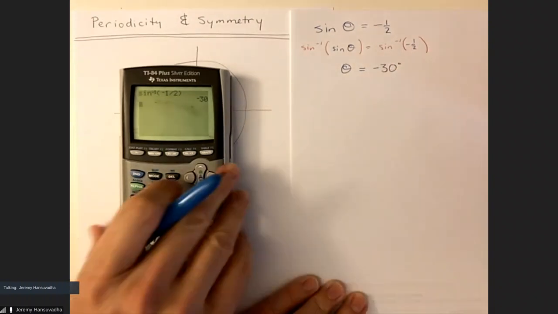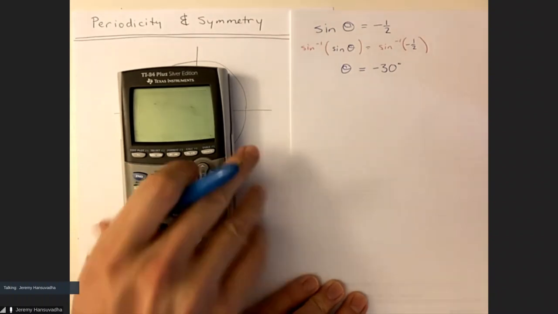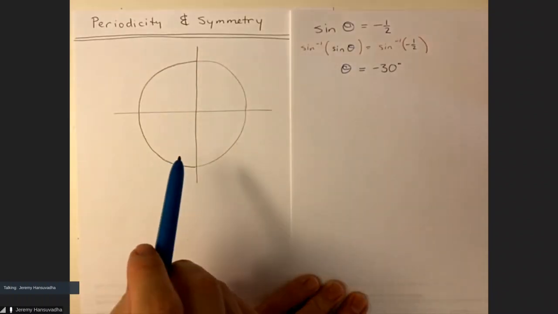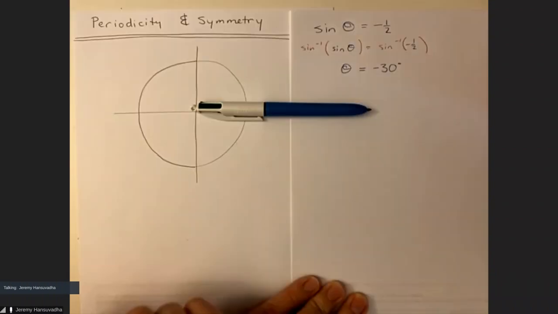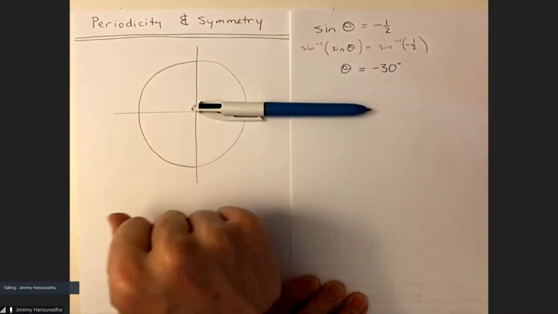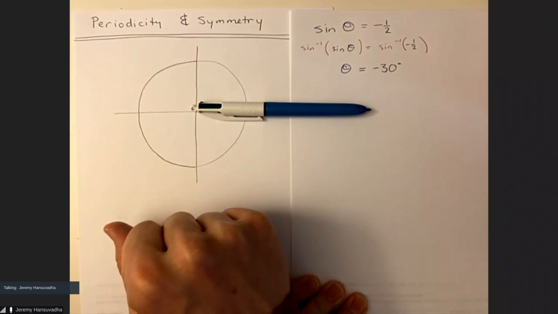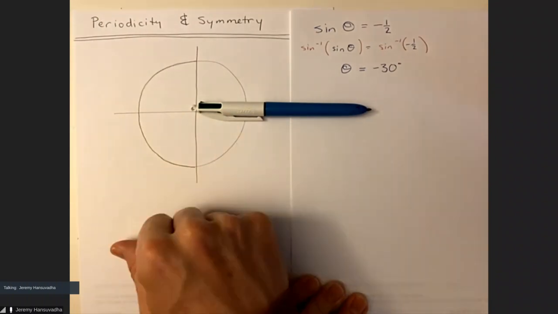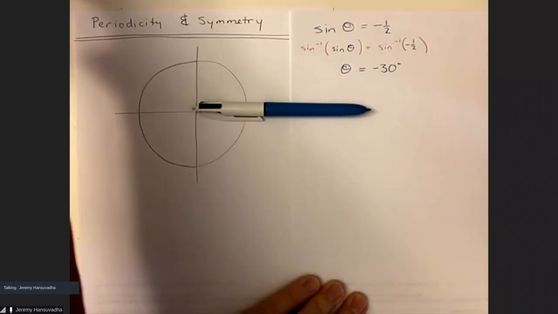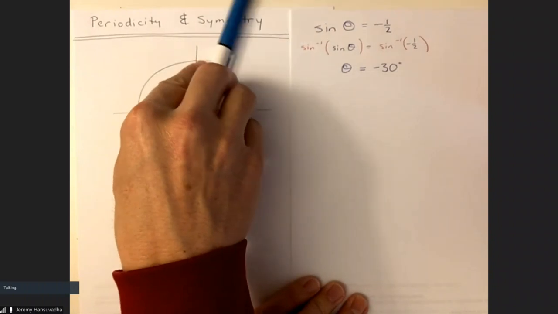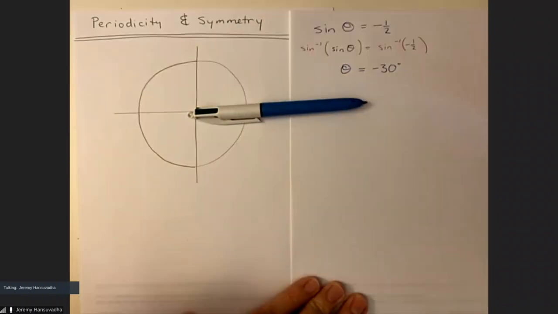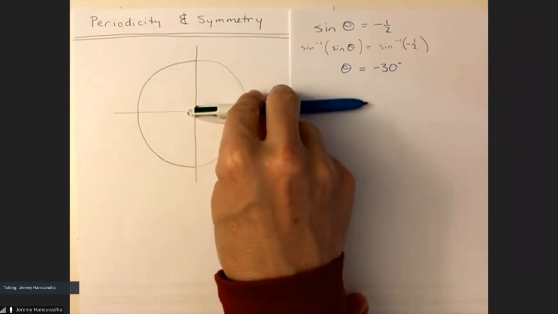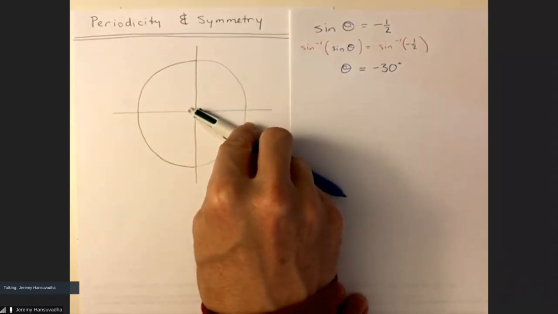Now, what does negative 30 degrees look like? We know that all angles, when graphed in a coordinate setting, 0 degrees is right there, and we know that positive angles rotate counterclockwise, like that. And so if we have a negative angle, that means that it rotates clockwise 30 degrees, about like that.